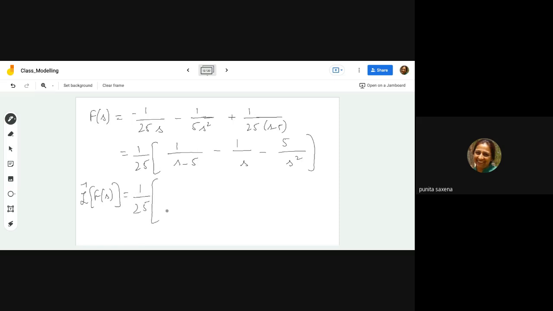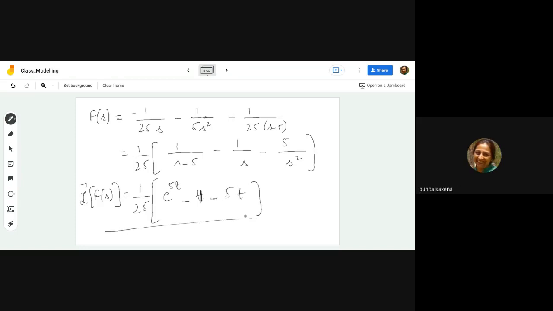The inverse Laplace of 1 upon s minus a is e to the power 5t, minus 1 minus 5t.